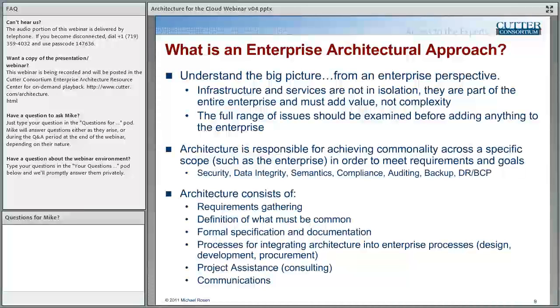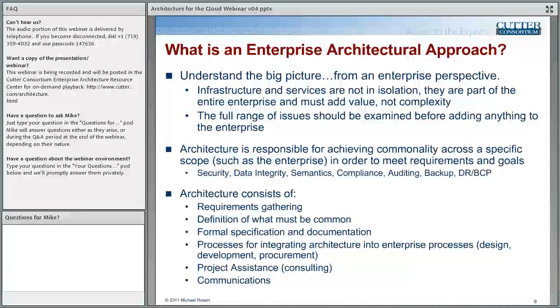Now, one of the main goals of architecture is in achieving commonality across some scope in order to meet certain requirements. And we talked about reducing the risk of systems and that there was some set of requirements around security, integrity, semantics, compliance, auditing, backup, disaster recovery. And as an enterprise, we don't want 27 or 200 or even 5 different ways to do all of that.